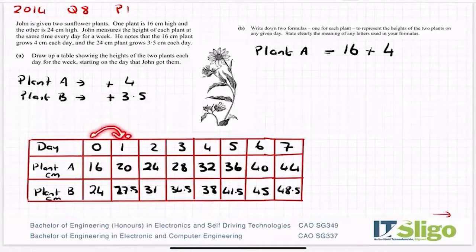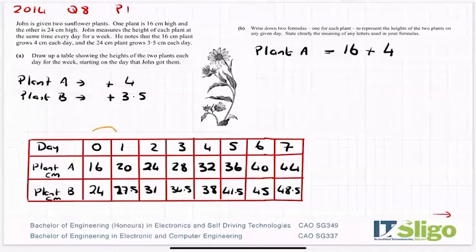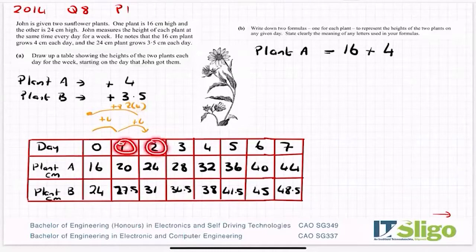Now, how do I get from, let me just mark it in maybe orange. So that's a +4. To get from day 2 to day 3 is another +4, or from the start, from my 16, can you see it's a +8, which is the same as 2 times 4. And it's 2 times 4 because I have 2 days growth. On day 3, I would have 3 times 4.